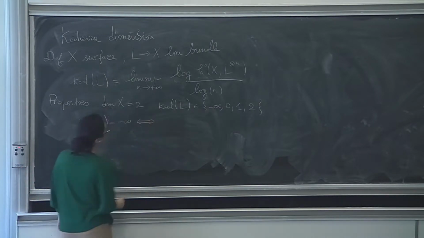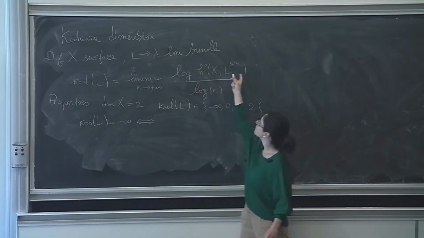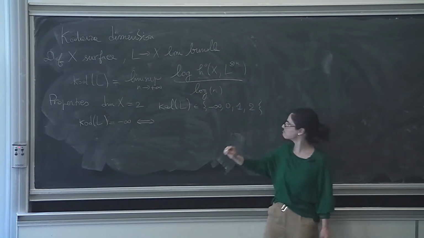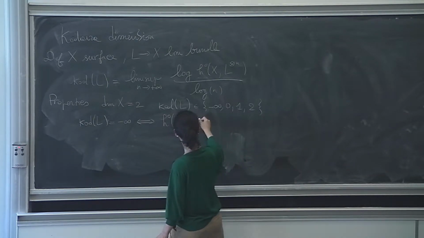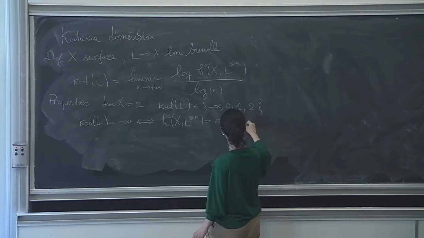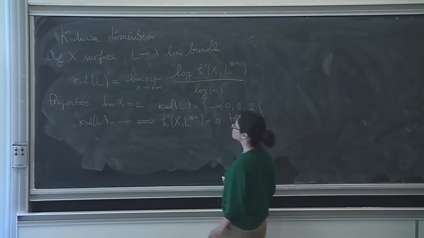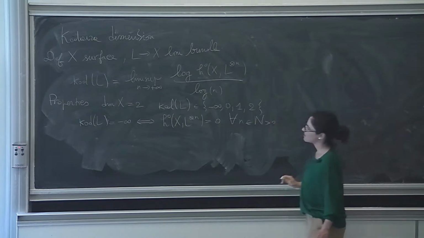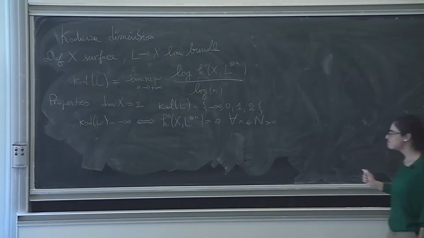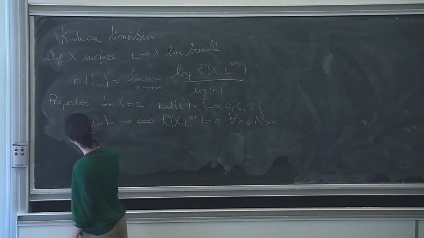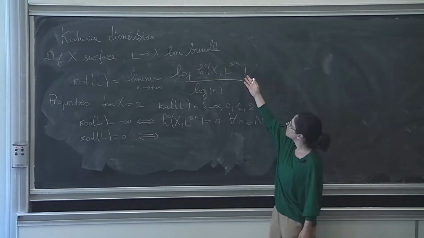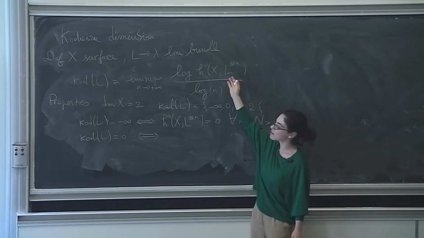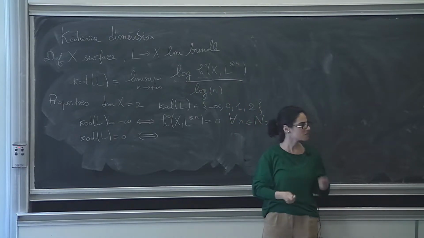It's minus infinity if and only if all these dimensions are 0. So the line bundle has no sections, and none of its multiples has sections. Okay? And then it is 0 if and only if these dimensions are at most 1, and they are 1 at least once.